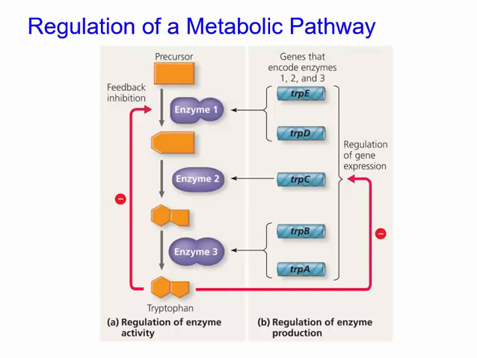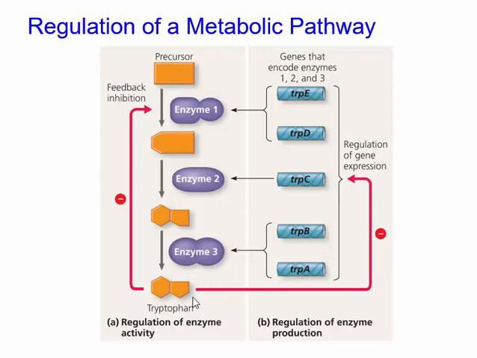Now, if we think about what's happening in either prokaryotes or eukaryotes, and think about metabolic pathways, there are often multiple steps in metabolic pathways. We talked about how that's important for regulating. And here's where we're really seeing that happen. So in this case here, we have a tryptophan metabolic pathway, so converting some precursors through multiple steps into the amino acid tryptophan.